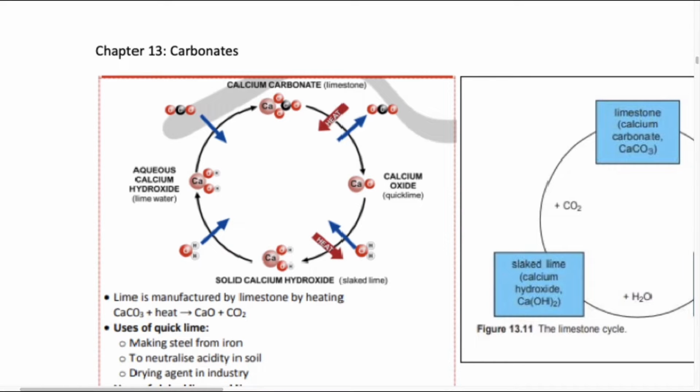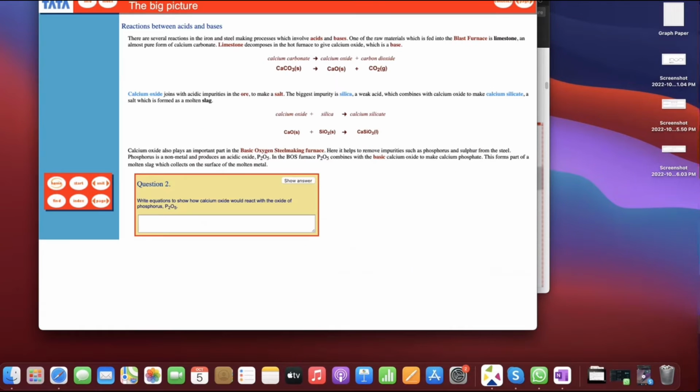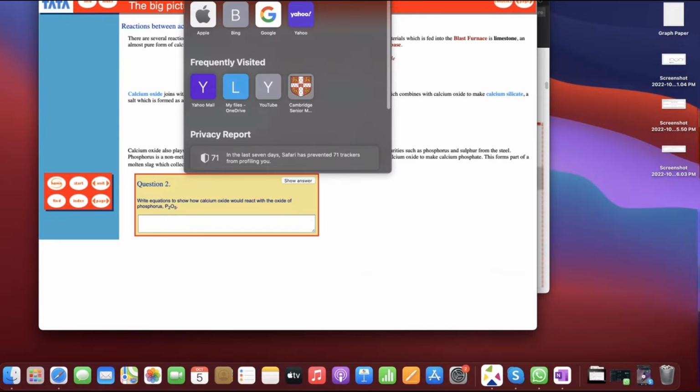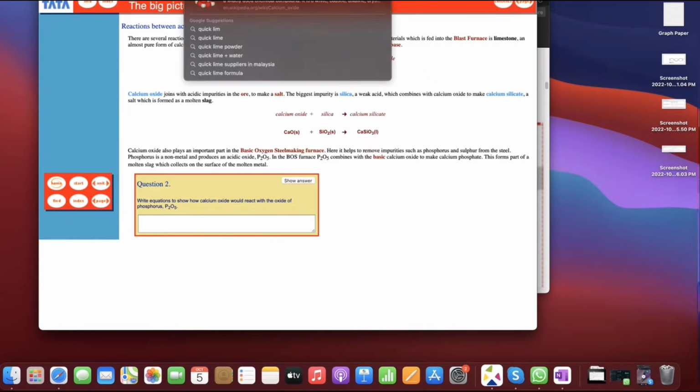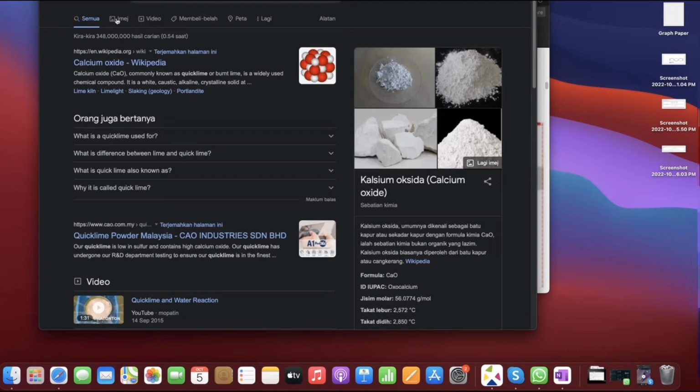Quicklime, if you want to see, is just a white solid. So you can see here, quicklime is like a white solid stone in a powdery form.